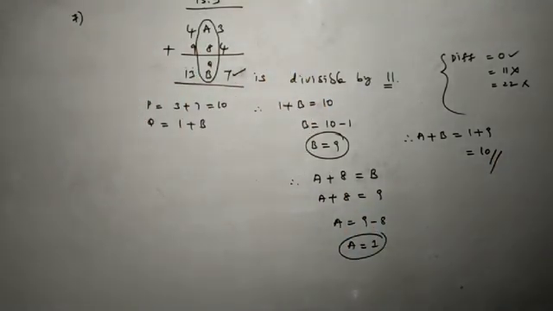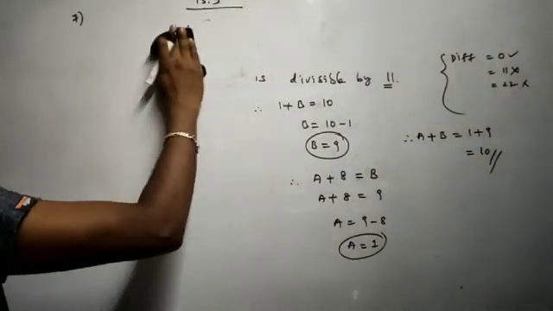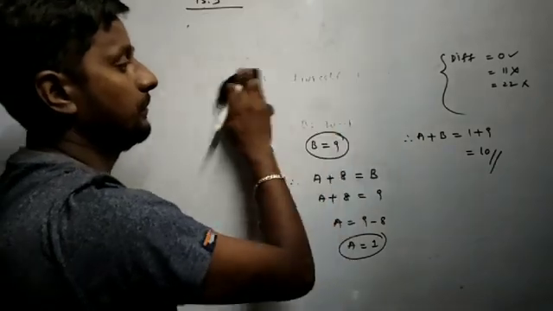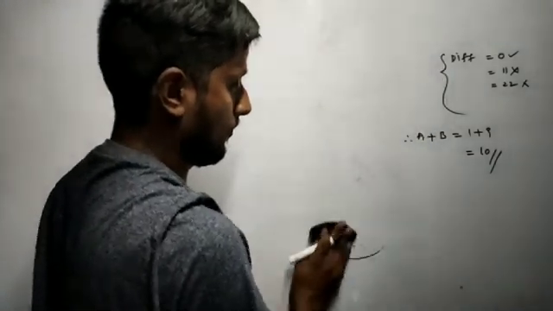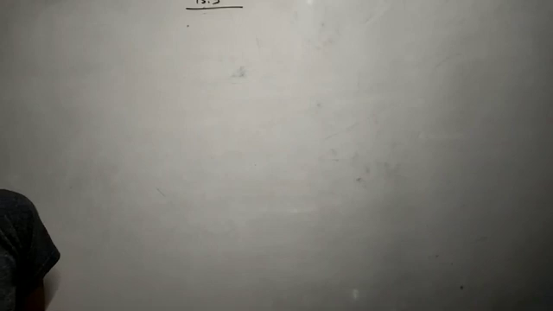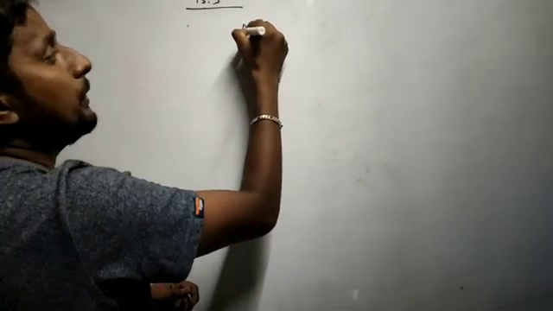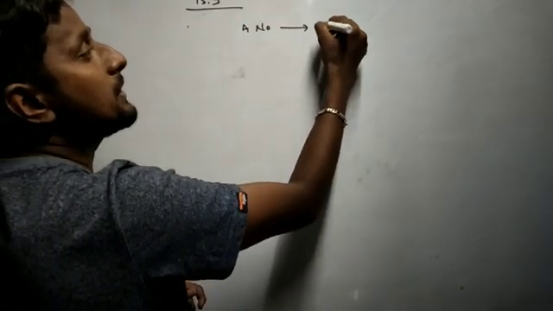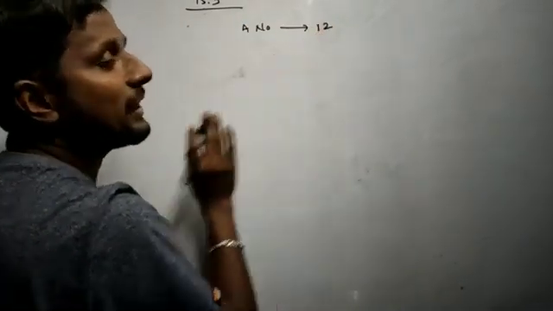Okay, and some more interesting divisibility rules. The first divisibility rule is, if a number A is divisible by B, then it is also divisible by each of the factors of B. For example, a number is divisible by 12, just for example.